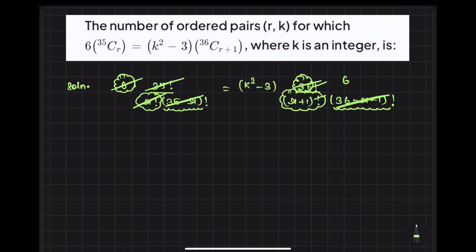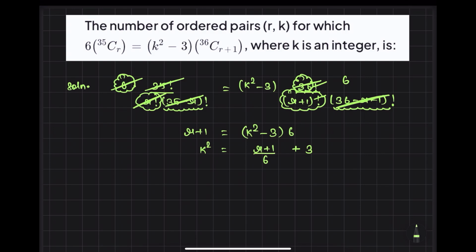Now I can write r plus 1 on this side and then k square minus 3 into 6. I hope till this part you are okay. Now I can write k square equals (r plus 1) by 6 plus 3.